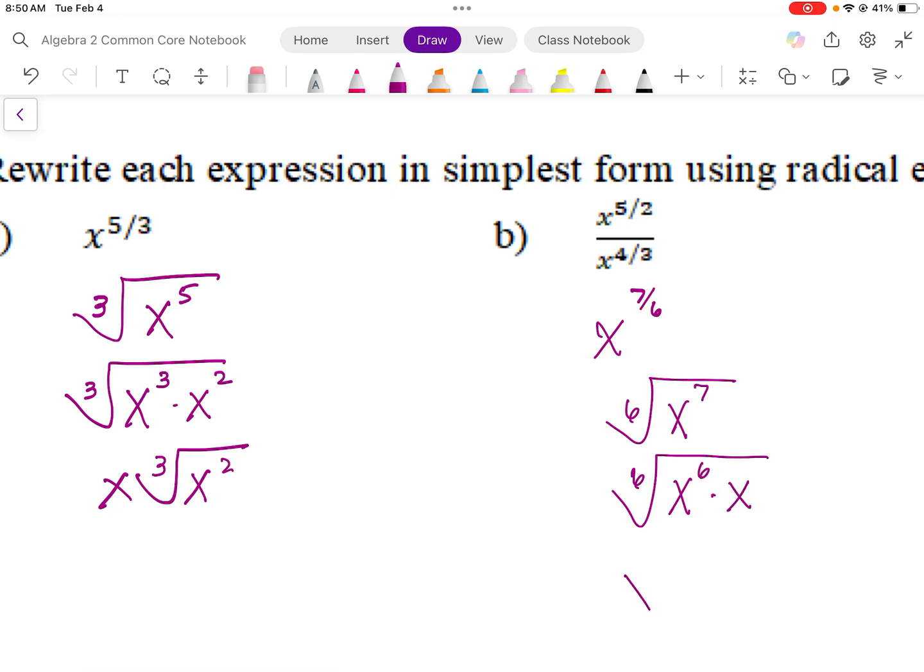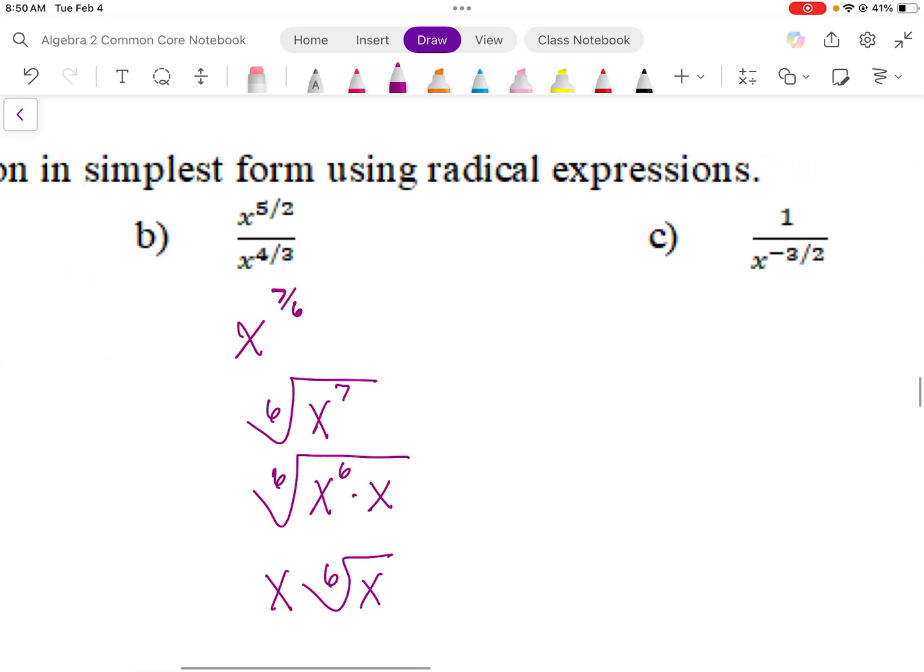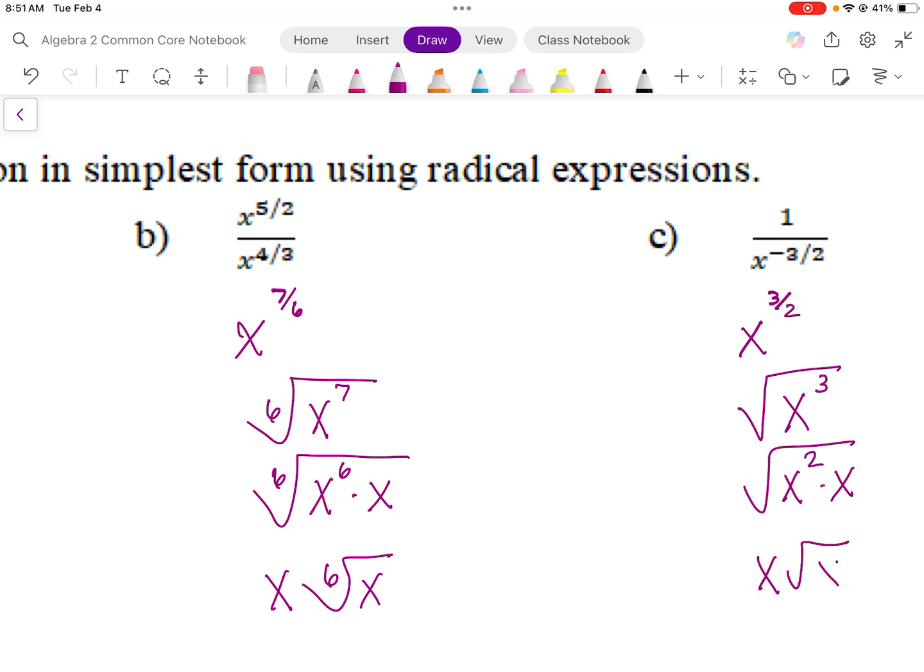So it's going to be x times the 6th root of x. Okay, I have a negative there, so I'm going to flip it around and make it x to the positive 3/2, which means I'm going to take the square root of x to the 3rd, and I'm going to call that x squared times x. So x square roots of x.